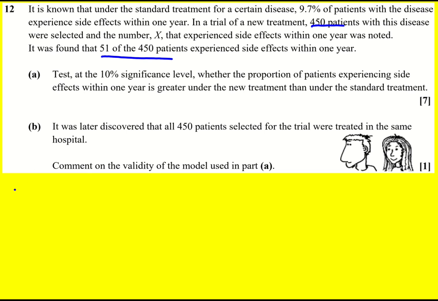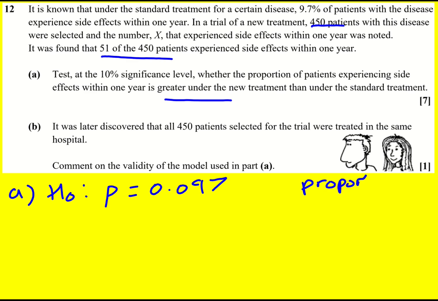This is hypothesis testing. We're asked to test at this 10% significance level whether the proportion of patients experiencing side effects is greater under the new treatment than under the standard treatment. So H0 is that P is 9.7%, or 0.097. This is the proportion experiencing side effects.